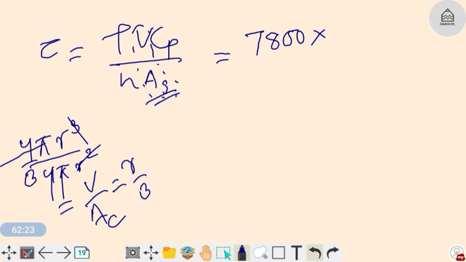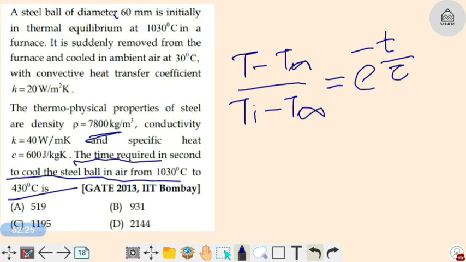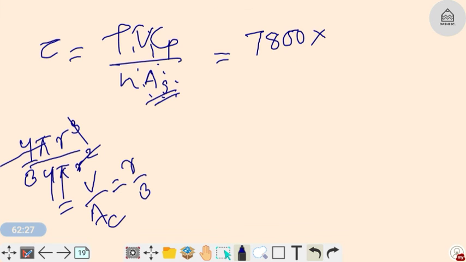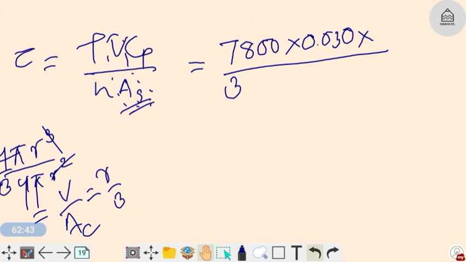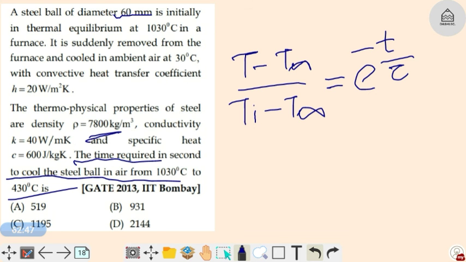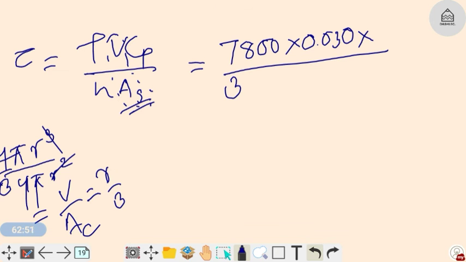What is r? 60 mm diameter, so r is 30 mm. So 0.030 divided by 3. And Cp, the specific heat, is 600.